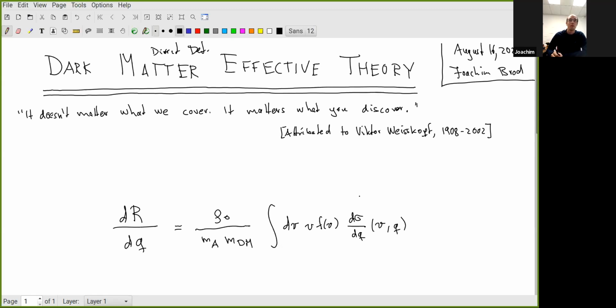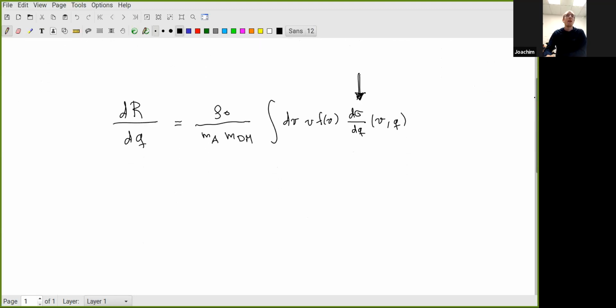What we want to focus on is this microscopic cross-section here. That's something that's given by a certain dark matter model. The relation between the experimental rate and the model is this equation, and we want to calculate this cross section. Okay, so that's the goal. Now let's see if I can scroll down. Yes. Okay.